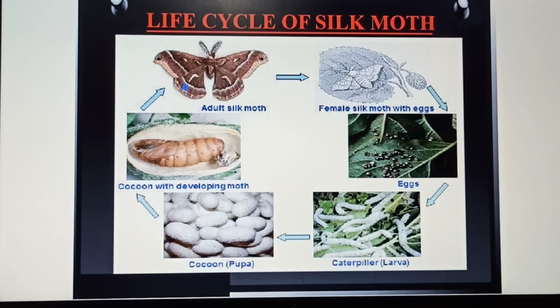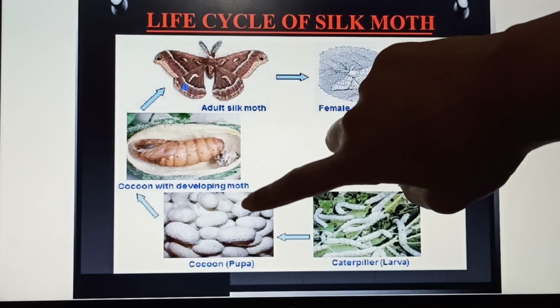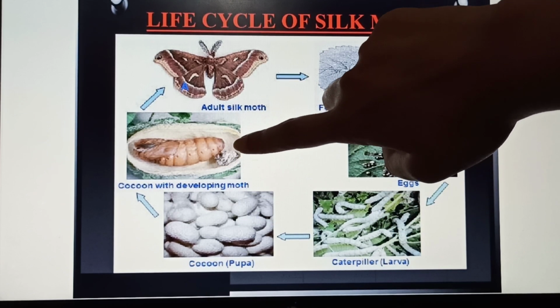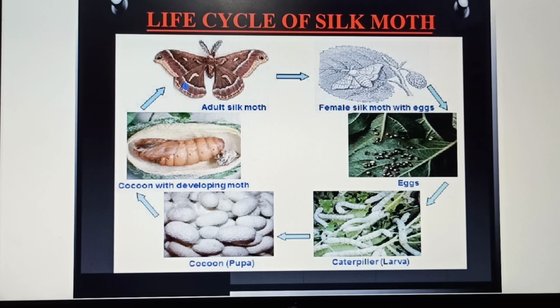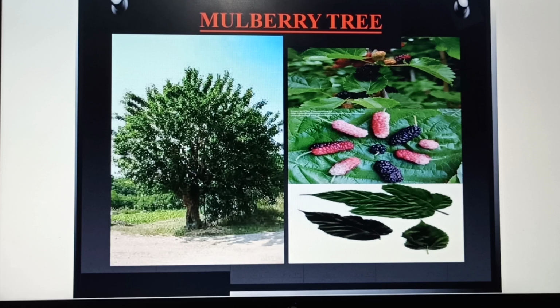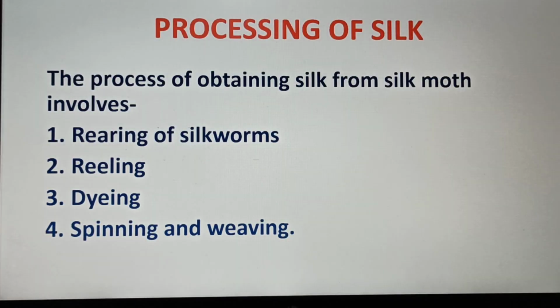These pupa, after getting mature, give rise to a developing moth, and then the developing moth is converted into an adult silk moth.